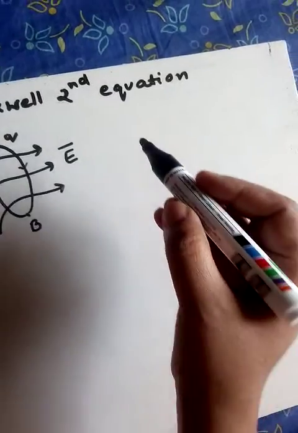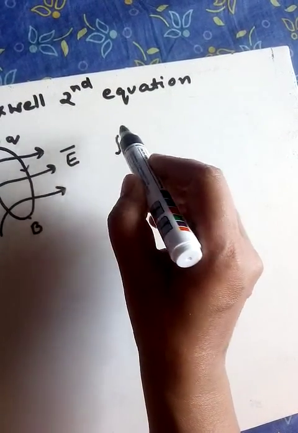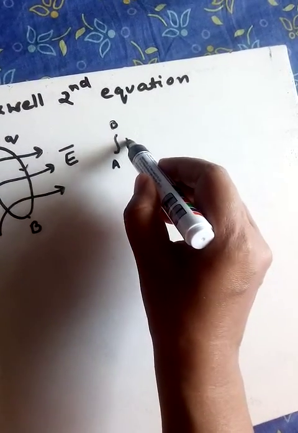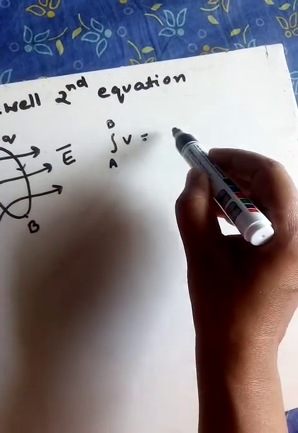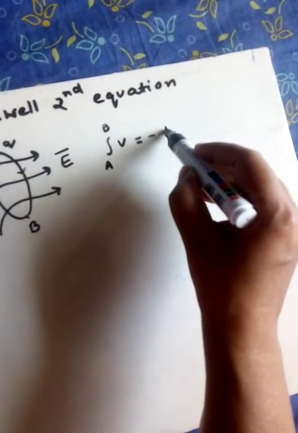Then the potential across A to B, potential A to B, V, is equal to minus E dot dl.